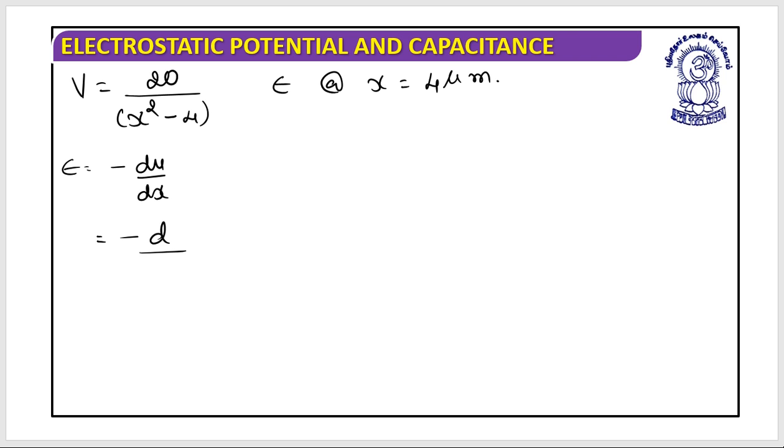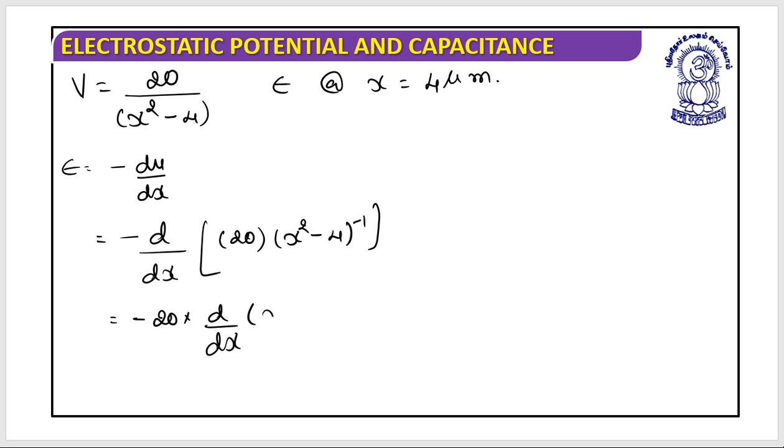This is equal to minus of d by dx of, can I write like this, 20 into x square minus 4 to the power minus of 1. So that should be equal to minus of 20 into d by dx of x square minus of 4 to the power minus of 1.